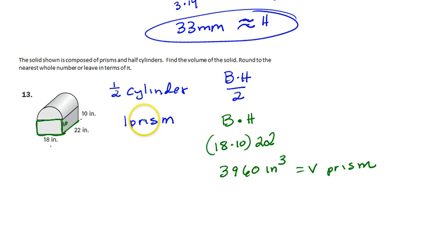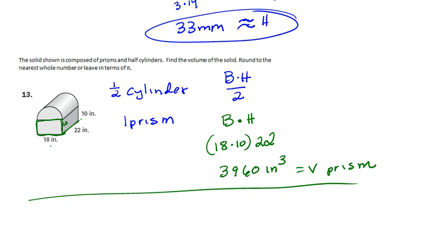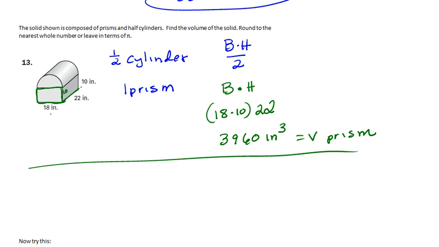Now let's find the volume of my cylinder, or actually of my half cylinder. I need to know the radius. Well, I can see that the diameter of my cylinder is going to be the same as the side length of the base of my prism. So the diameter is 18, so that means that the radius is 9.